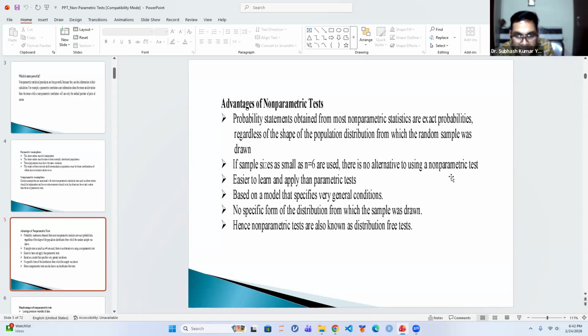If it is non-normal, then it is sufficient to apply the non-parametric tests. Hence non-parametric tests are also known as distribution free tests, because we only check whether it is normally distributed or not.